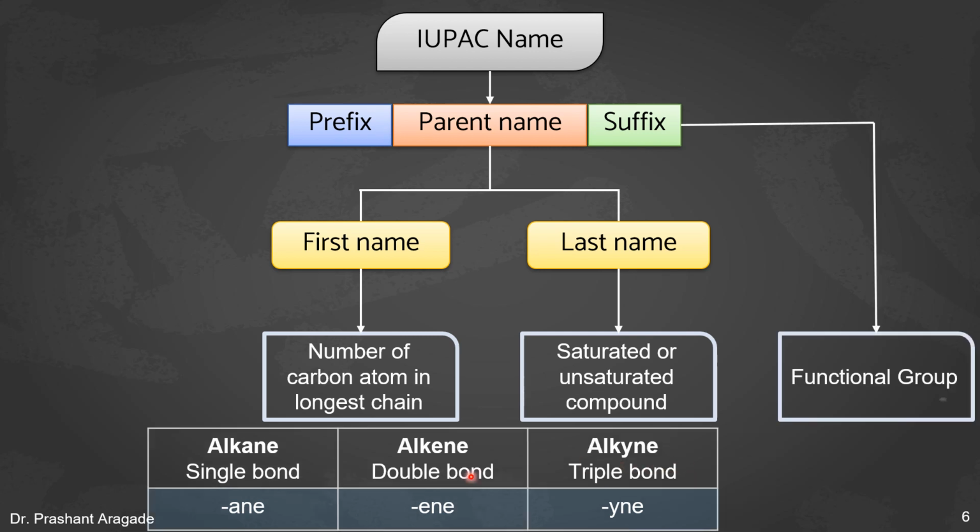And then you have to replace the E of last name with the suffix used for functional groups. So you must know different types of suffix used for different types of functional groups. So you have to replace the E of last name, that is this E for alkane, or for alkene, with the suffix used for functional group.